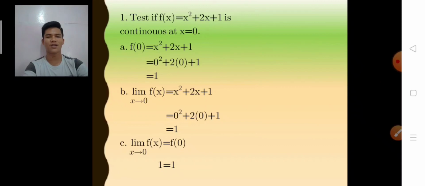So in condition number three, the limit as x approaches 0 of f of x is equal to f of 0. So the function is continuous at 0.